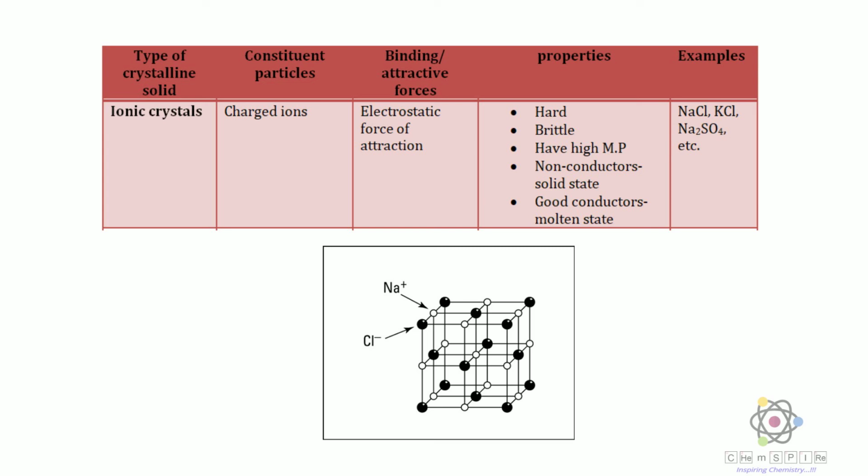So the binding force in them is electrostatic force of attraction. They are hard and brittle. They have high melting points. They are non-conductors in a solid state, but they become good conductors in a molten state. What are the examples? Sodium chloride, potassium chloride, etc.